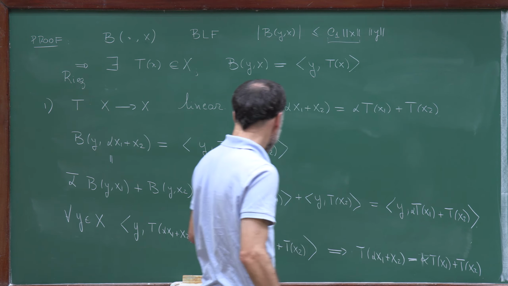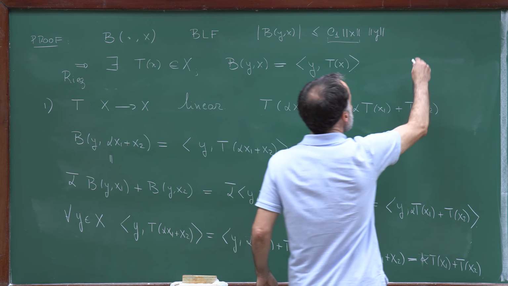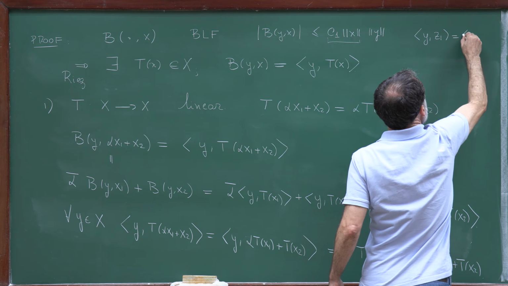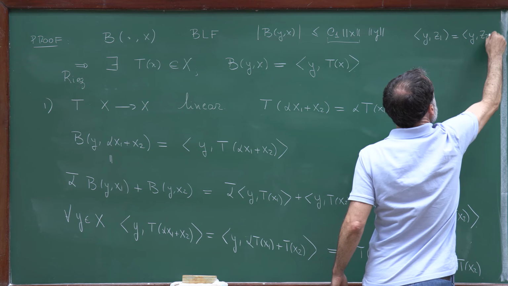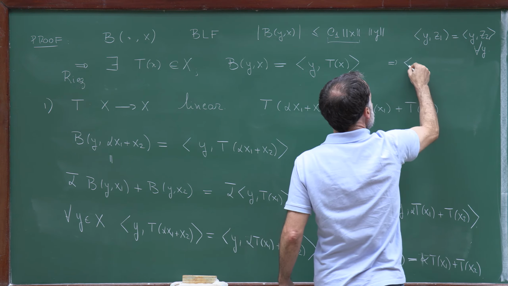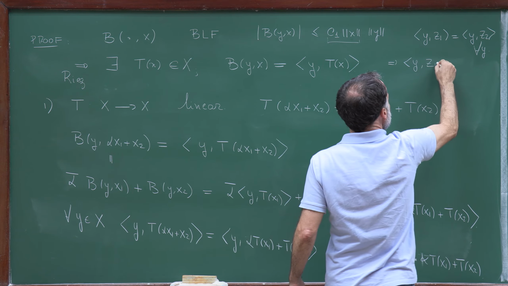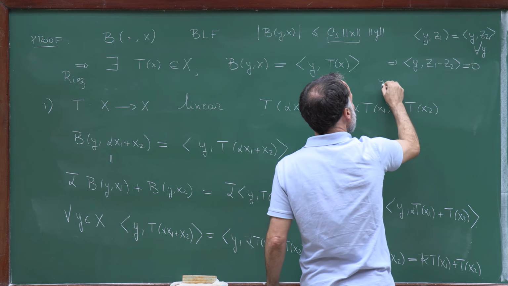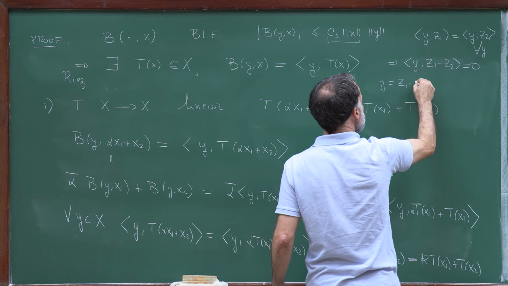And that's clear. So maybe let me prove that. So we have that (αz1) is equal to (y, z2) for all y. So this implies that (y, z1 minus z2) is equal to 0 for all y. Take y equal to z1 minus z2.